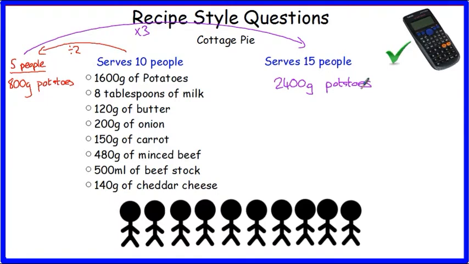The other way to do it is to see directly how I get from 10 to 15. I might just put this over here. So I have 10 people, 15 people. How do I get from there to there?